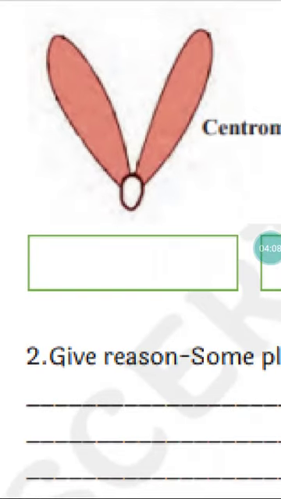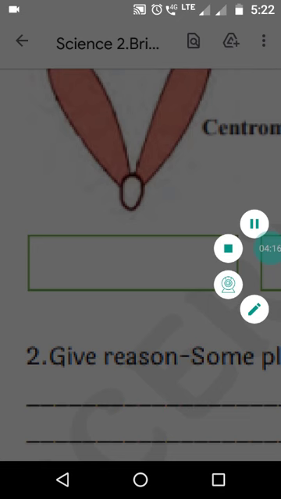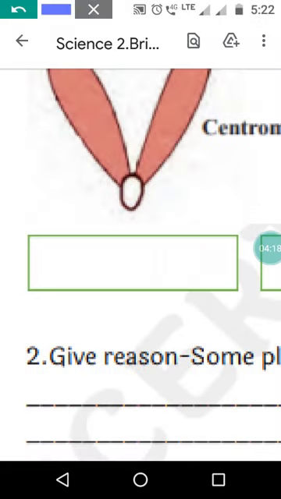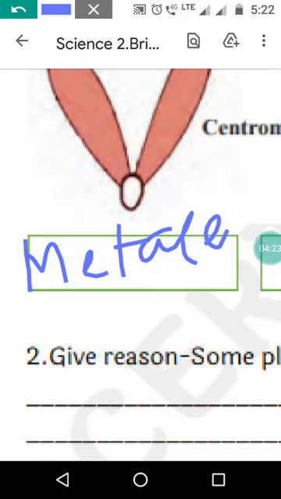If the centromere is present in the center or in the middle, then this chromosome is called a metacentric chromosome. You can write metacentric chromosome.